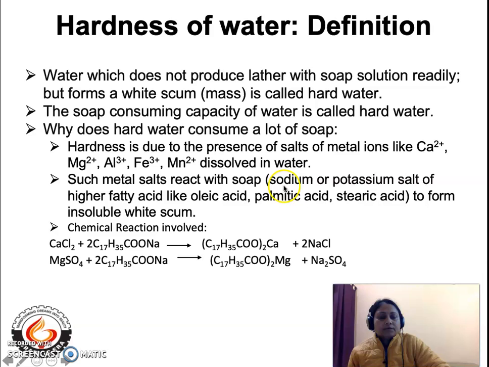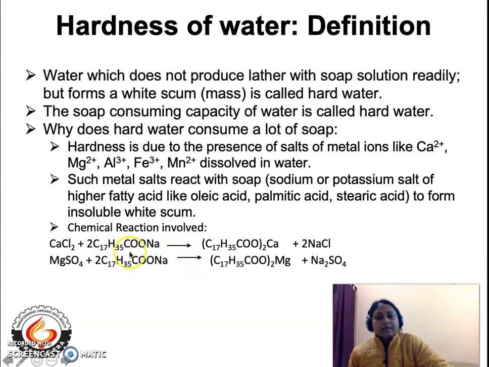Now when soap is added to this hard water, then such metal ions react with this sodium or potassium salt of the higher fatty acids to form insoluble precipitates which appear as white mass or white scum on the internal parts of the container in which the hard water is placed.